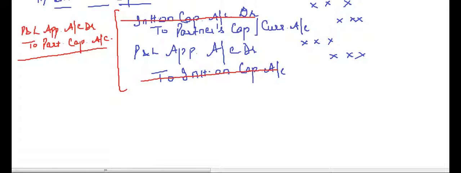So now let's come to the next point. Second, we have interest on drawings.